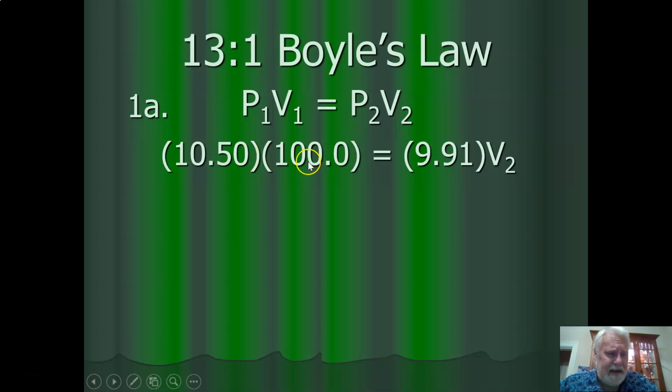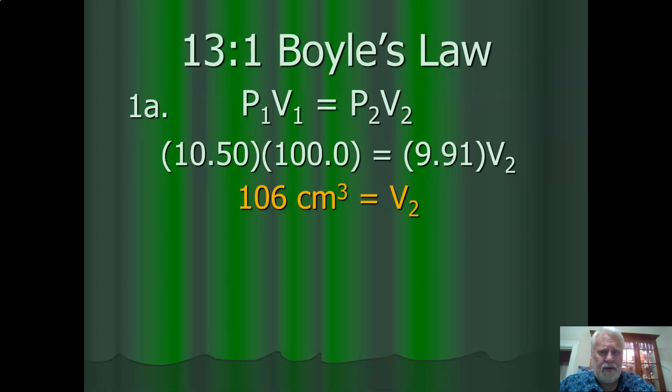Just write the data as is given. And then you set that up real nice and neatly, and then you solve for either P2 or V2 in these Boyle's Law problems. And of course, watch your sig figs when you do this.